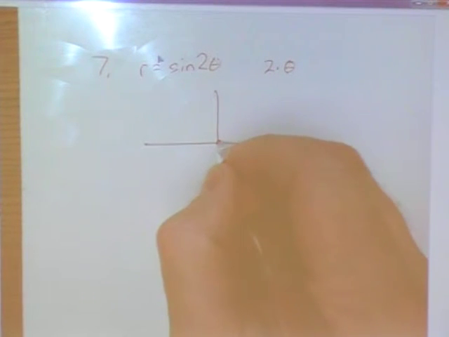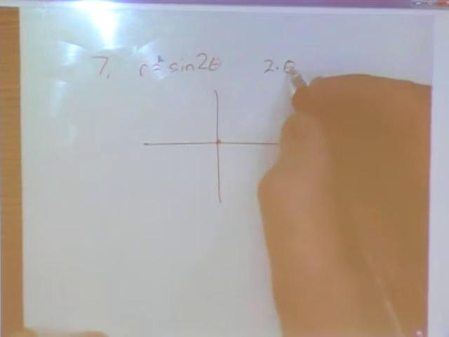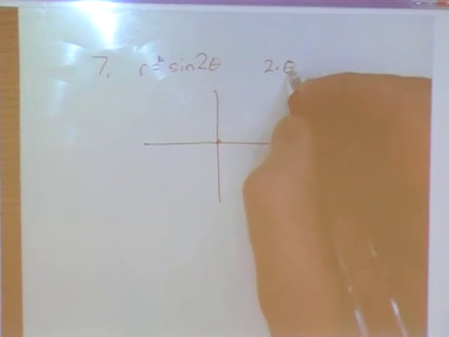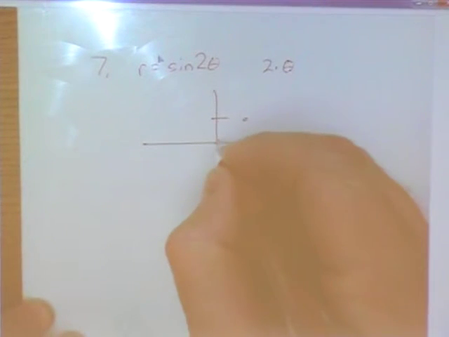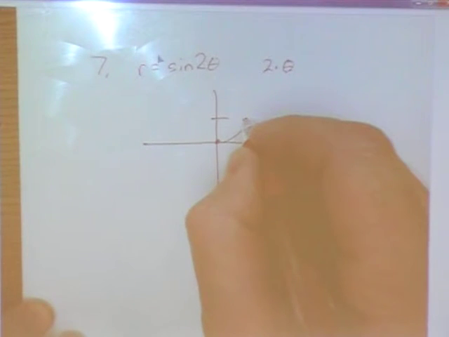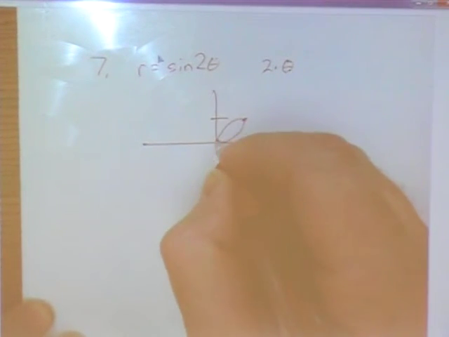So we go from here out somewhere and back in. When theta is pi over 4, 2 times pi over 4 is pi over 2. The y value of pi over 2 is 1. So somehow we go from 0 out to 1 and then back again to 0.